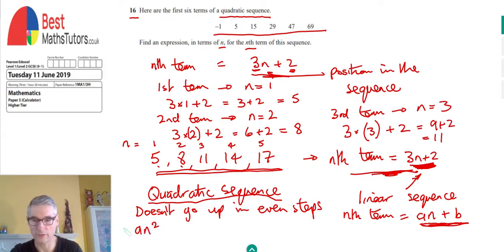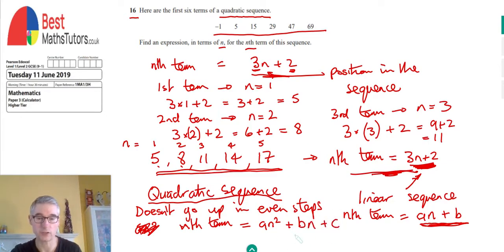So I could say the nth term for a quadratic sequence would be equal to a, where a is a number that we would need to find, times n squared. So the squared is what makes it quadratic, plus b times n plus c.